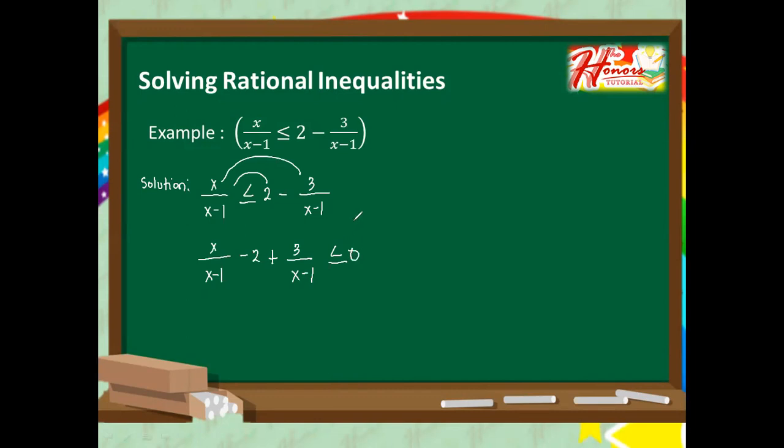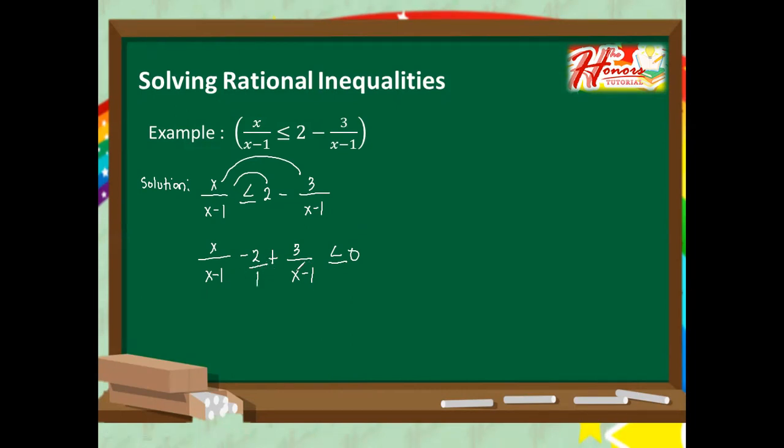Then after that, we have to continue solving. As you can see, we have here 2 as a whole number. But the other terms that we have here are fractions. So therefore, we have to change this into a fraction, so it will become 2 over 1.